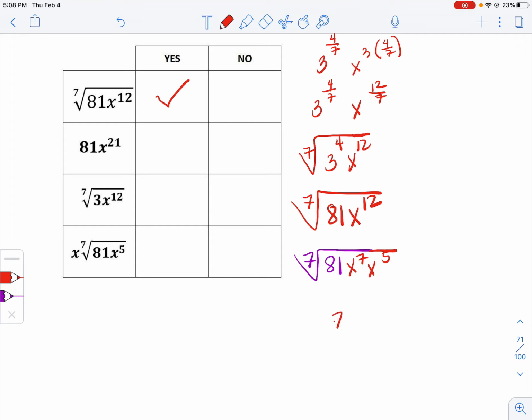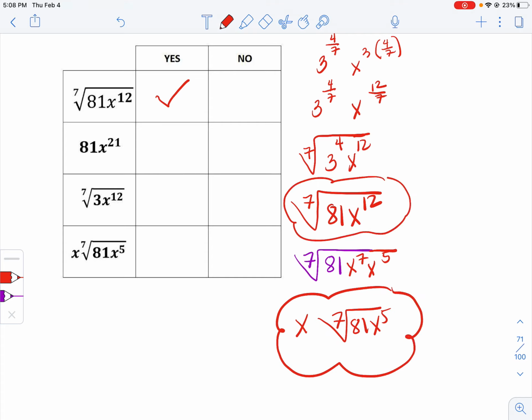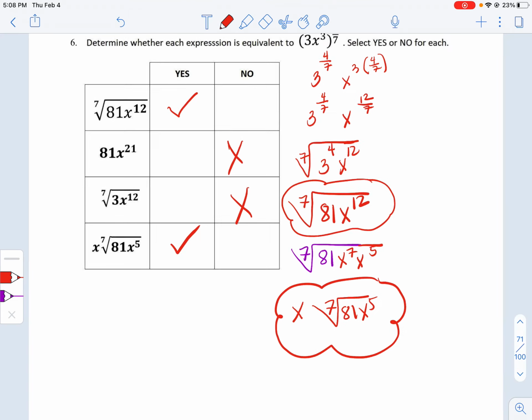So we have the 7th root of 81. The 7 goes to 7 one time, so x up. The 7 does not go to 5, so you have x to the power of 5. So far, are we matching anything? Oh yeah, we have right here. And it looks like these two don't work. Okay, there you have it.